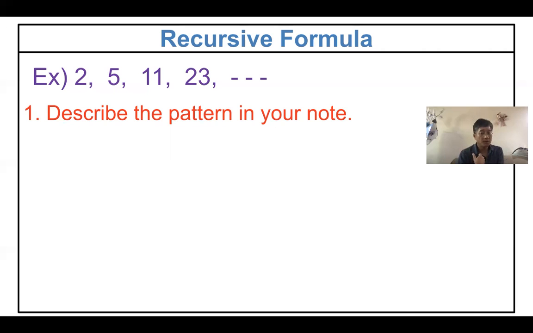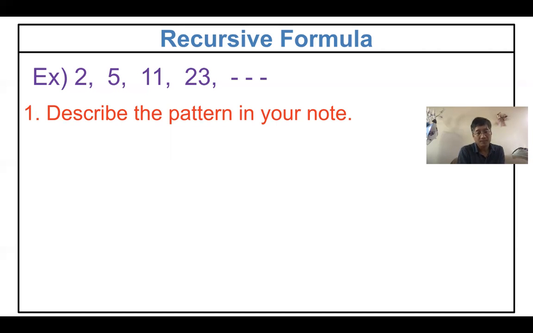So when you don't understand, you should think of this. It could be a mixture of geometric and arithmetic sequence, which means you multiply a number to the previous term and add a number or subtract a number like this.